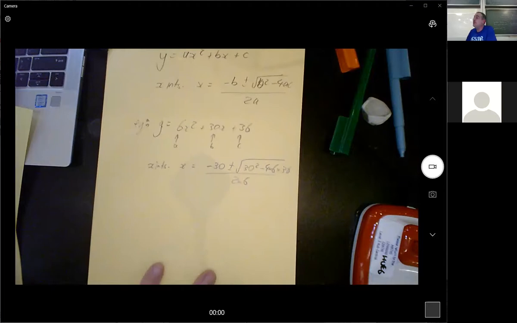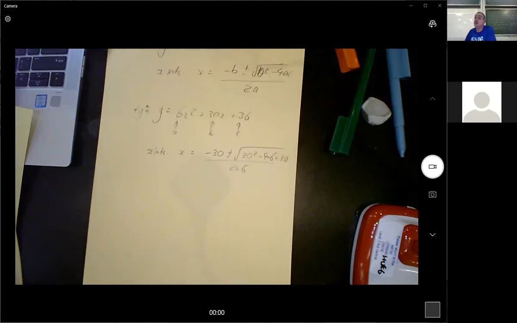And I would have to figure out both options, the one with the plus and the one with the minus, and it would give me the answers. It's not going to be pretty.